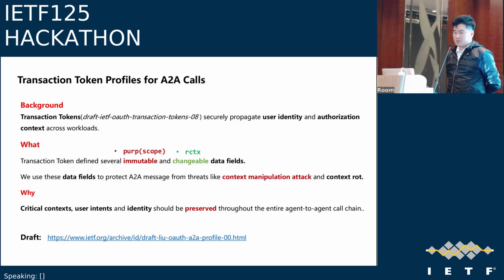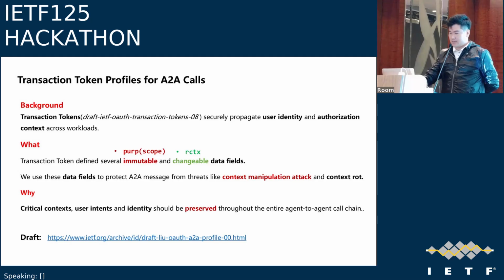And transaction tokens define several immutable and changeable data fields. So when propagated through different domains, this can help the workflow protect critical security contexts. And sometimes in an agent-to-agent call chain, you have to protect your call context, secure context, for sufficient input for access control in another domain.